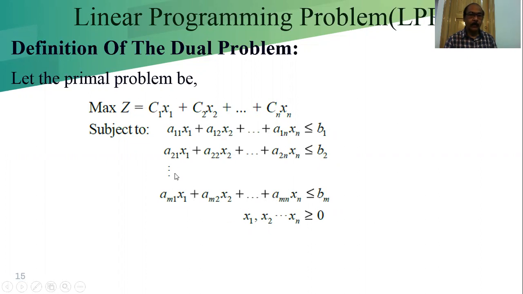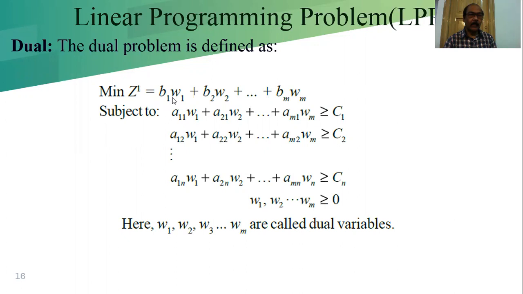This will be transposed. That means A11 with Y1, A21 with Y1, AM1. So the new constraints in the dual will be column wise. As many variables as there are, that many constraints we will get, and as many constraints as there are, that many variables we have to consider in the dual.